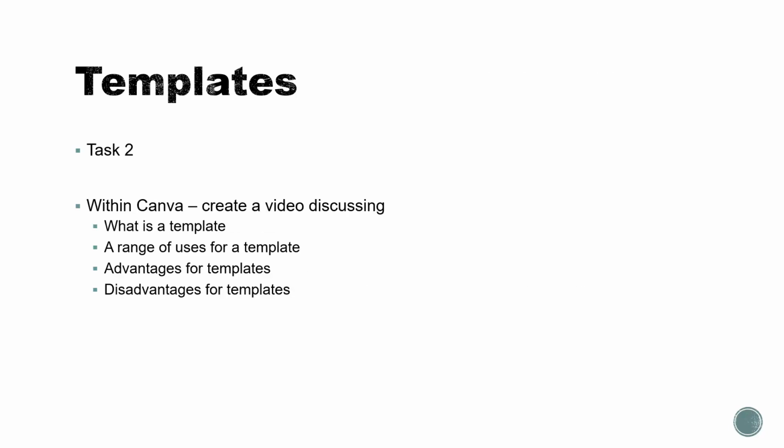Okay, so I would like you, the students who are going to get this task, here's task 2 because it follows on from the task in the previous video, to go into Canva and create your own video which discusses what a template is, a range of uses for the template, and advantages and disadvantages for the use of templates.